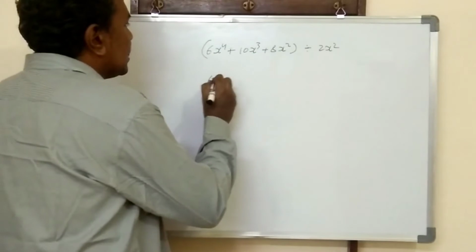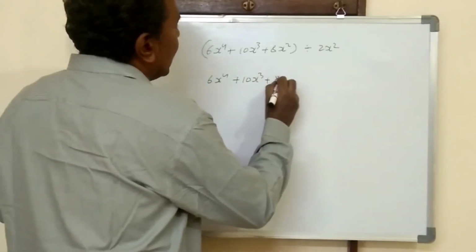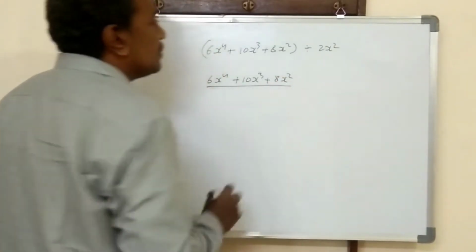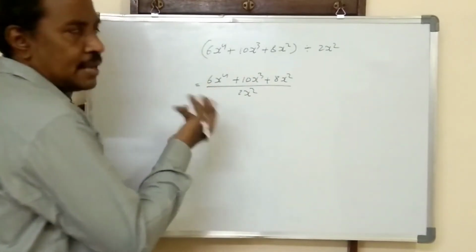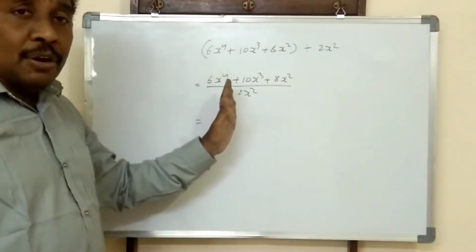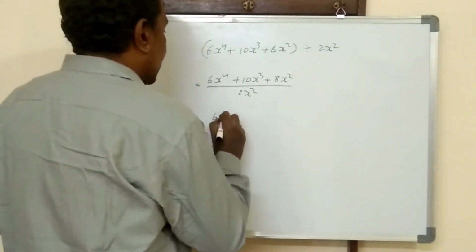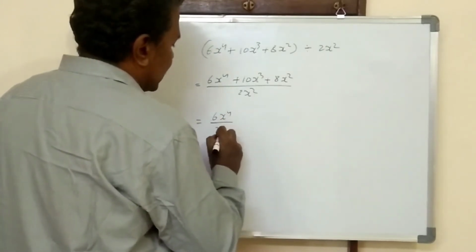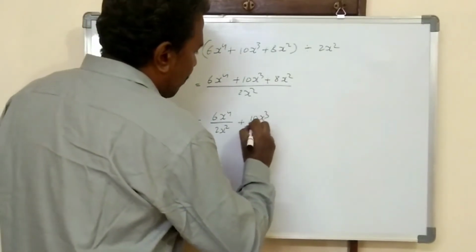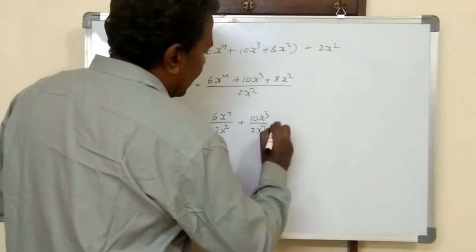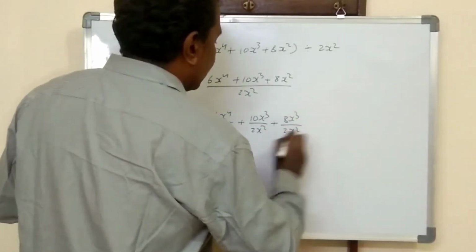So as usual, 6x power 4 plus 10x cube plus 8x square by 2x square. Now distribute the denominator to each and every term of the trinomial. So that becomes 6x power 4 by 2x square plus 10x cube by 2x square plus 8x square by 2x square.